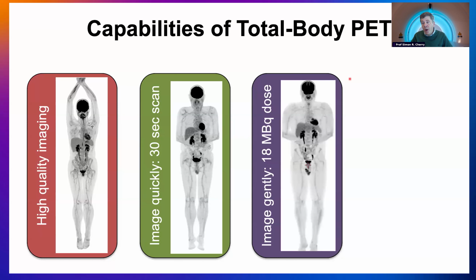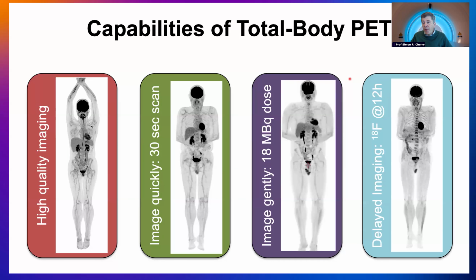We can also image at much lower radiation doses. So this is about 1/20th the standard injected dose, 18 megabecquerels, still a diagnostically acceptable image. And so if you're doing a research project, perhaps in a chronic disease condition where you want to do multiple scans, we can now do that at very low radiation burden. And the other thing we can do is scan our radiotracers for much longer.